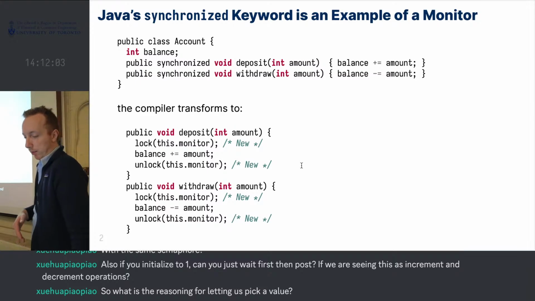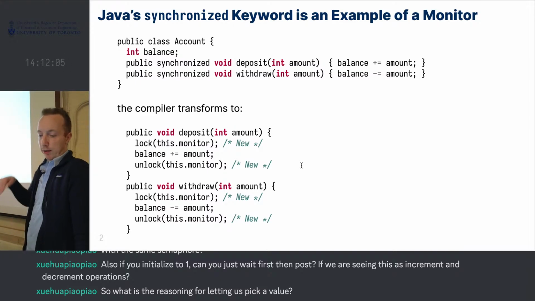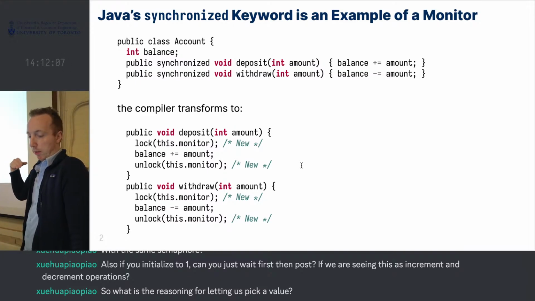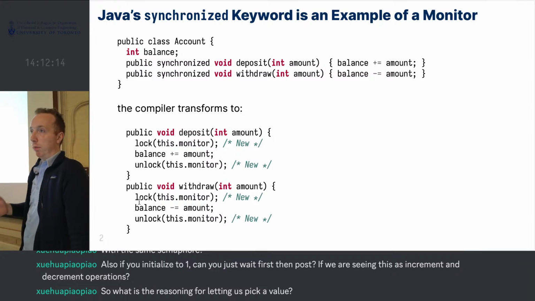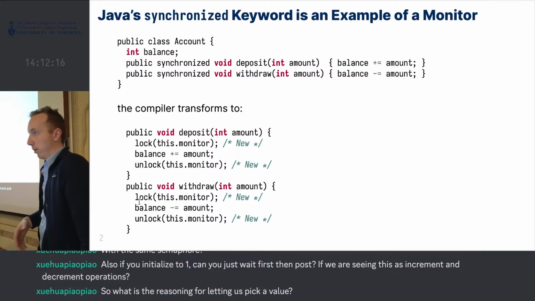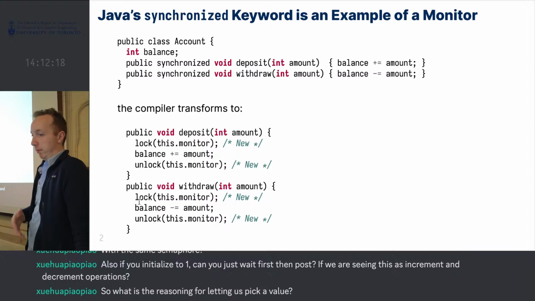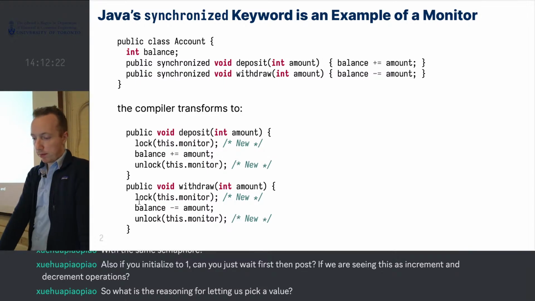In the deposit method, since it's declared as synchronized, it would get a lock, and then it would do its calculation, then it would get an unlock, and then same with withdraw, and this would be one mutex per object. So you won't have any data races with the balance of a single object. So that is what Java does for that.